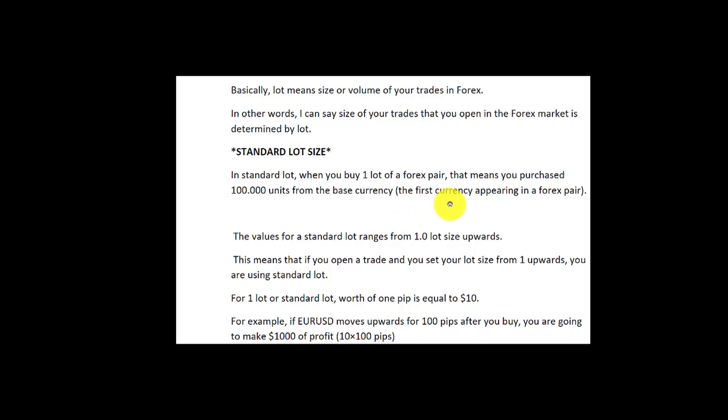That is the first currency appearing in a forex pair. So when you buy EUR/USD on one lot, it literally means you are buying 100,000 units of the euro currency, because the euro is the base currency of the EUR/USD pair.